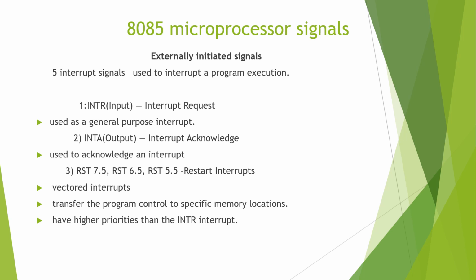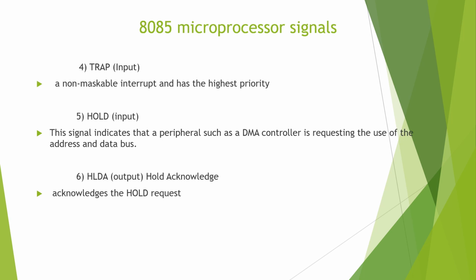The next ones are RST 7.5, 6.5, 5.5. They are all restart interrupts. They work as vectored interrupts. They transfer the program control to a specific memory location and they have higher priority than the INTR interrupt. TRAP is an input interrupt signal, it's a non-maskable interrupt and has the highest priority.